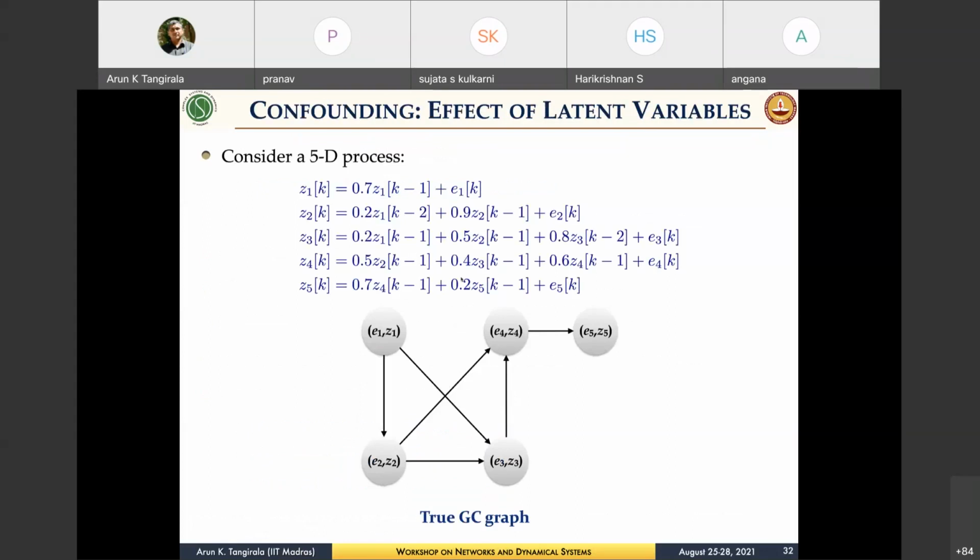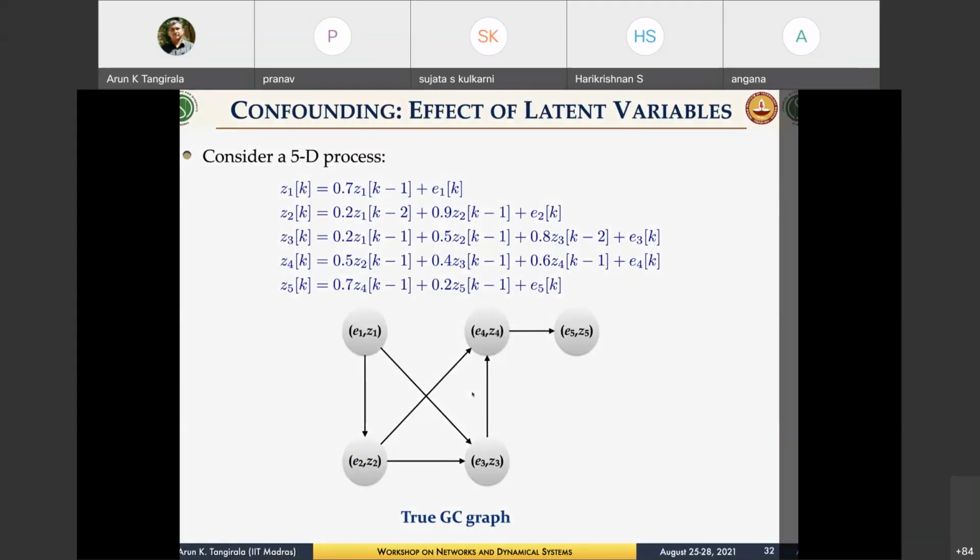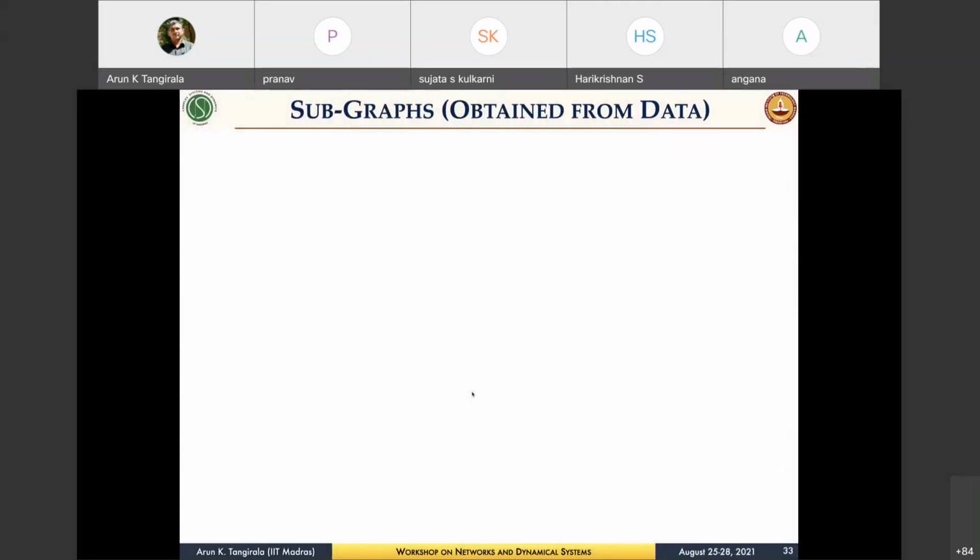So here we have a 5-dimensional process, and this is the true Granger causal graph. So from the given model, you can figure out what are the Granger causal connections and draw this graph. Now, suppose I omit, let's say, 1, 4, and 5, and analyze the causal connection between 2 and 3.